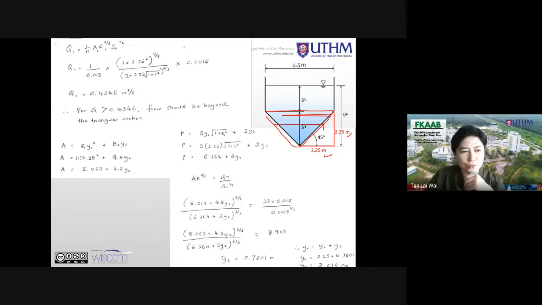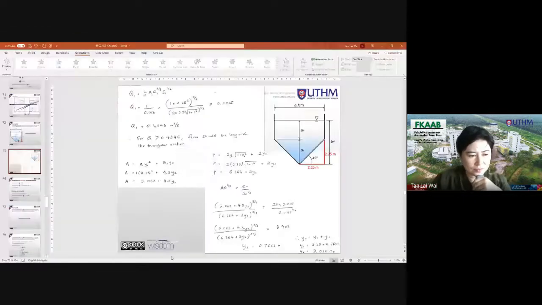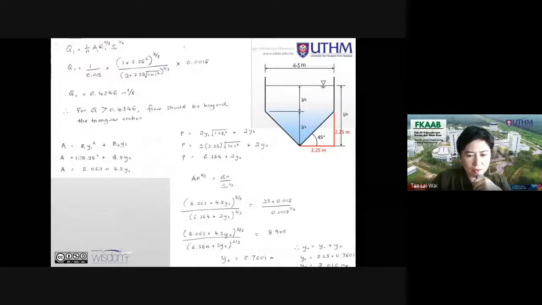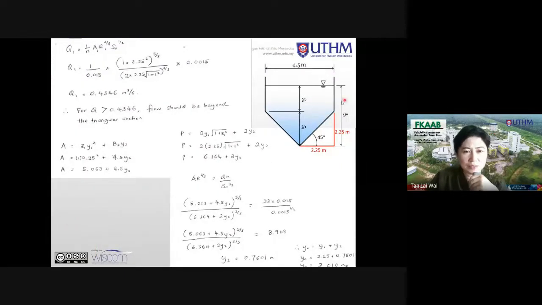That means our formula for A and P would actually include this rectangular part. What I'll do is I assume that the discharge actually fills up the entire triangular section.